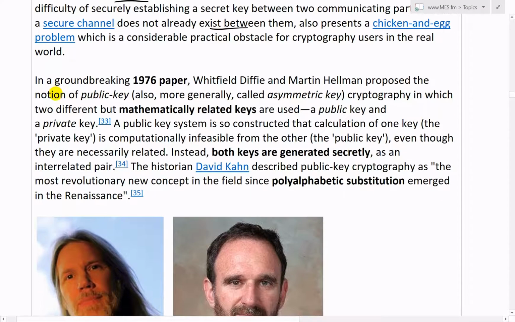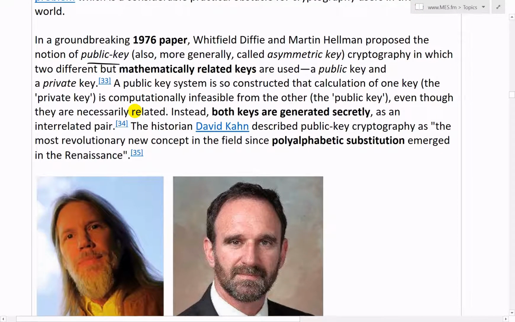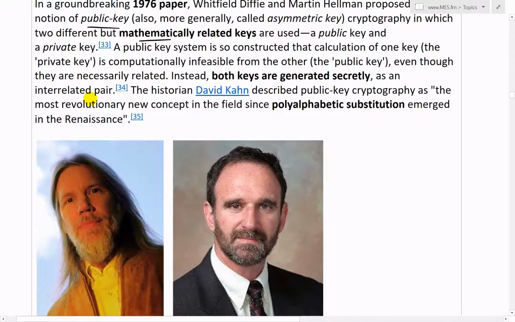In a groundbreaking 1976 paper, Whitfield Diffie and Martin Hellman proposed the notion of public key, also more generally called asymmetric key cryptography, in which two different but mathematically related keys are used, a public and a private key.